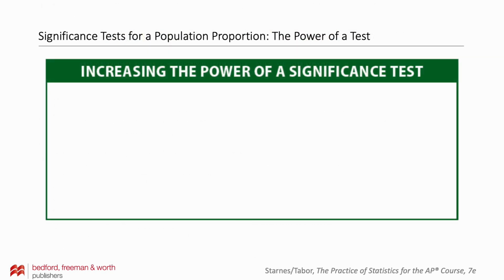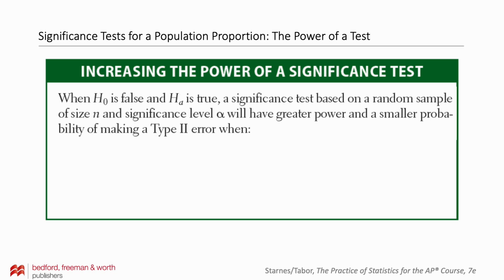So what can researchers do to decrease the probability of making a type 2 error and increase the power of the test? When the null is false and the alternative is true, a significance test based on a random sample of size n and significance level alpha will have greater power and a smaller probability of making a type 2 error under certain conditions. Wow, that was a mouthful.